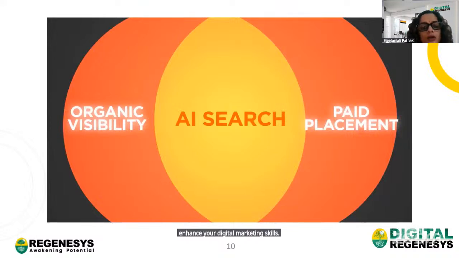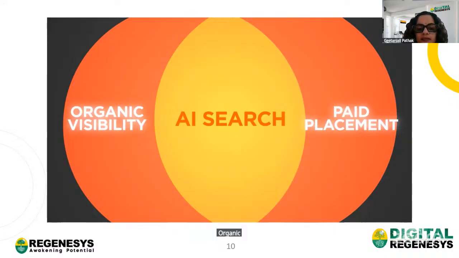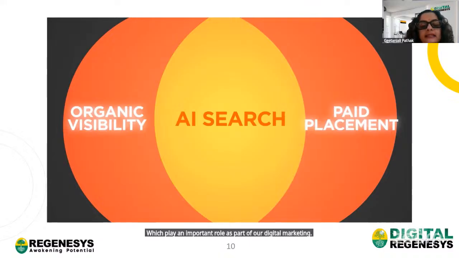When we talk about this concept of organic visibility, AI search, and paid placement, we know that organic and paid are the two segments of the digital marketing domain which play an important role. But there is always an AI intervention.